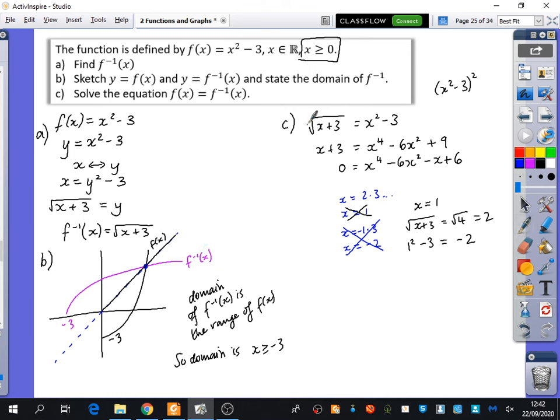Instead of doing this up here, what you could have done is just solve y equals x being equal to either of those graphs. So I'm going to solve it being equal to the one in the question, x squared minus 3. So you get x squared minus x minus 3 is equal to 0.